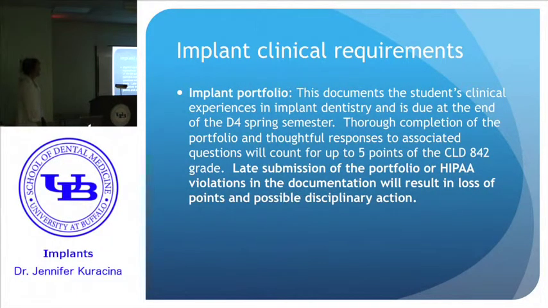The other requirement that we ask of them at the end of the D4 year is they turn in what's called an implant portfolio, and basically it's documentation of the cases that they've done through dental school.